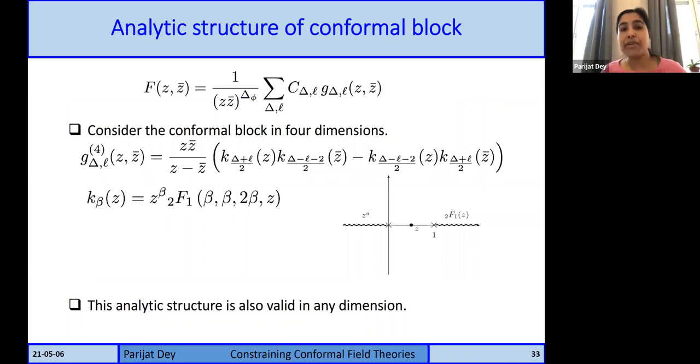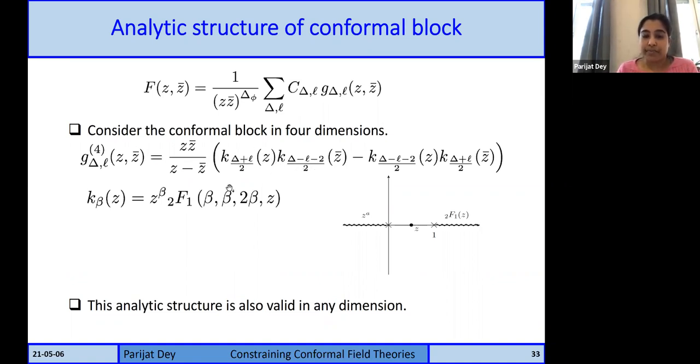So I will now discuss this in the context of conformal field theory. This is the correlator in the conformal field theory, and these G's are the conformal blocks. So the analytic structure of the correlator follows from the analytic structure of the conformal block. Now let me repeat the expression for the conformal block in 4 dimensions.